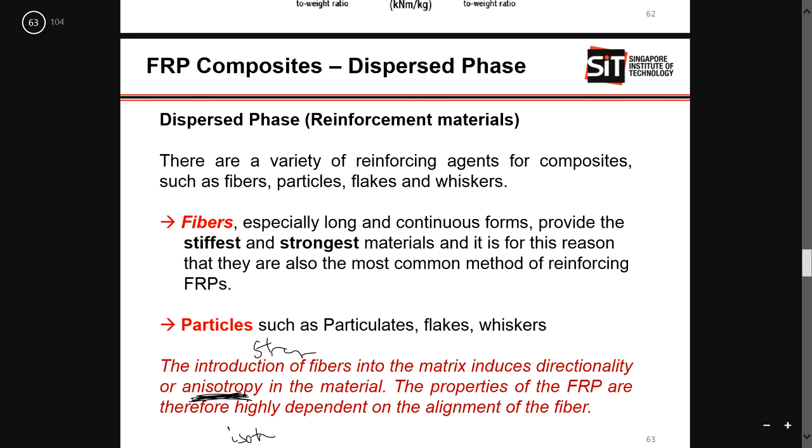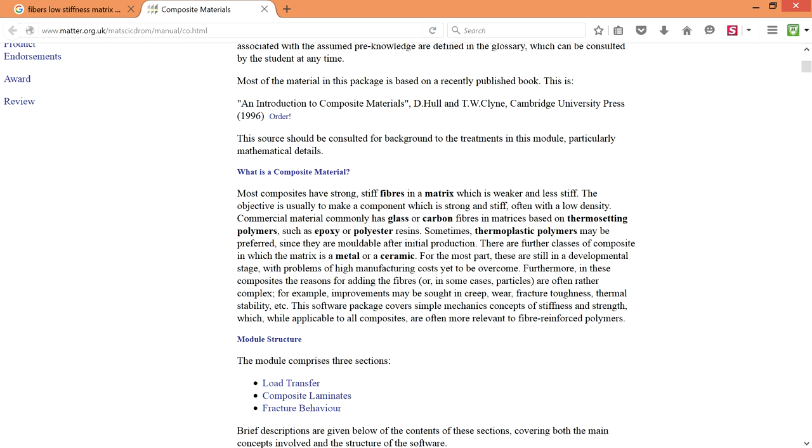To a certain extent. Previously I did mention that fibers are ductile and the matrix is high strength. I don't know whether I am still correct, but reading this, you have another understanding of fibers. Most commonly you have strong, stiff fibers, while the matrix is a weaker and less stiff material.